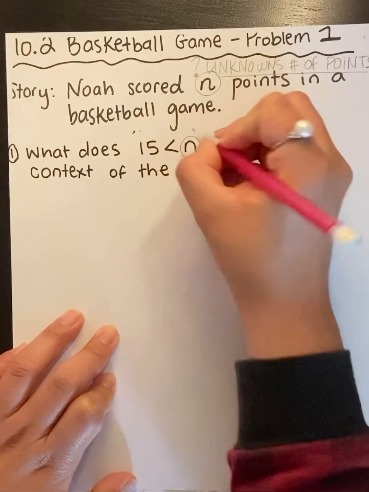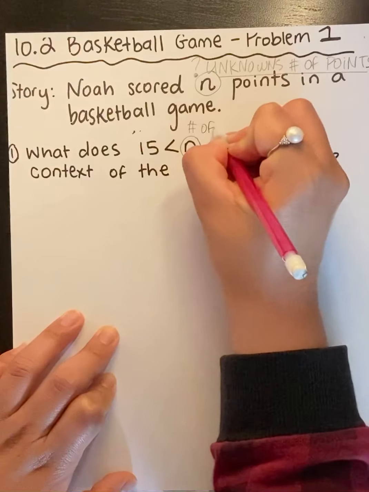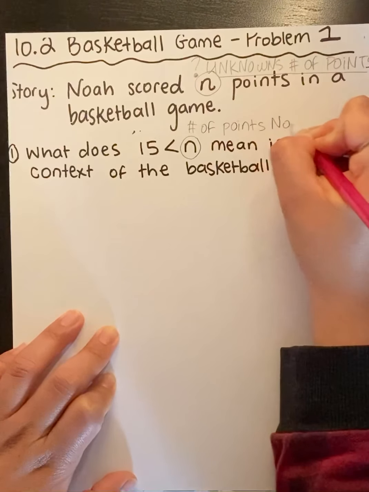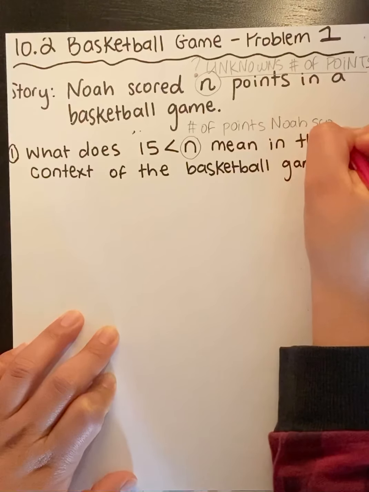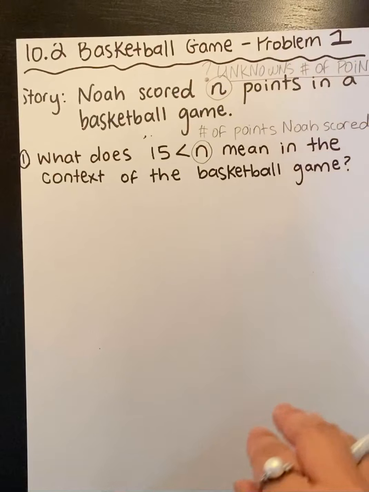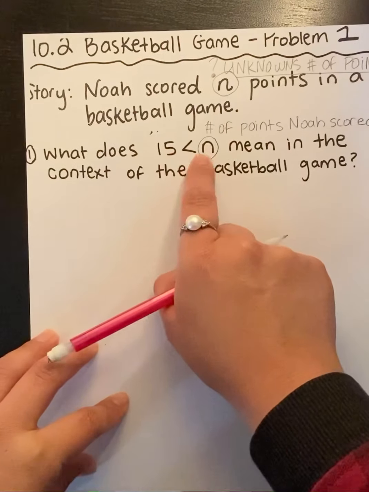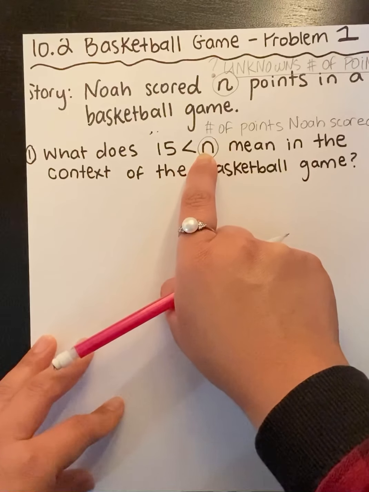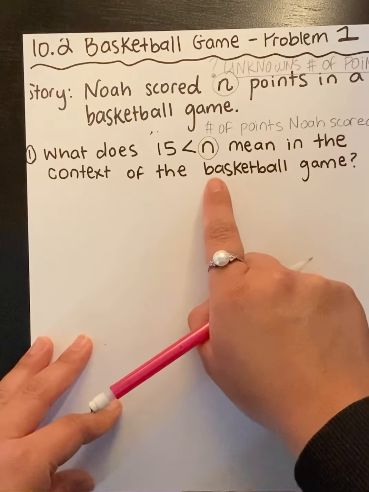N is the number of points Noah scored in the basketball game. This will help me answer the question because I can figure out what this inequality means in terms of Noah, who this context or story is about.